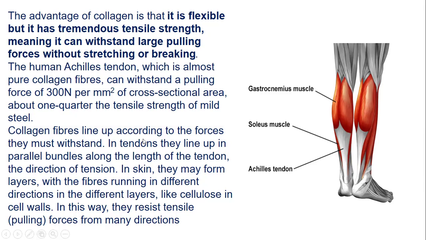These collagen fibers will line up in the body depending on the forces they are expected to withstand. In a tendon like this, they lie parallel to each other. In the skin, they run in different directions, because your skin is exposed to forces coming from different directions.